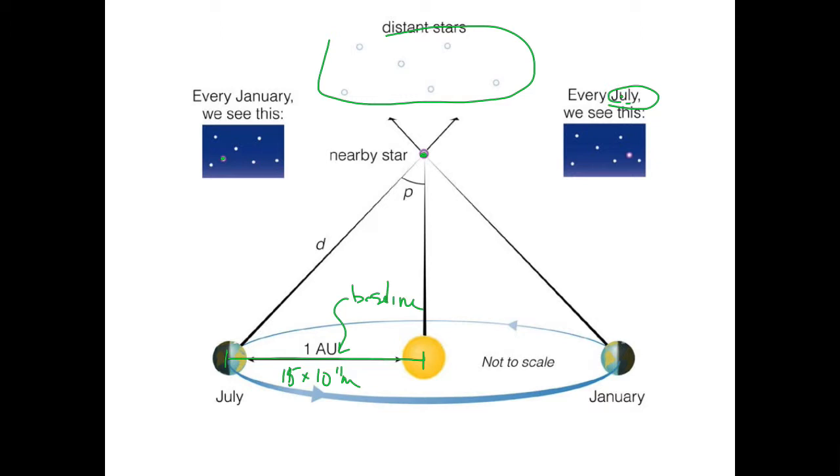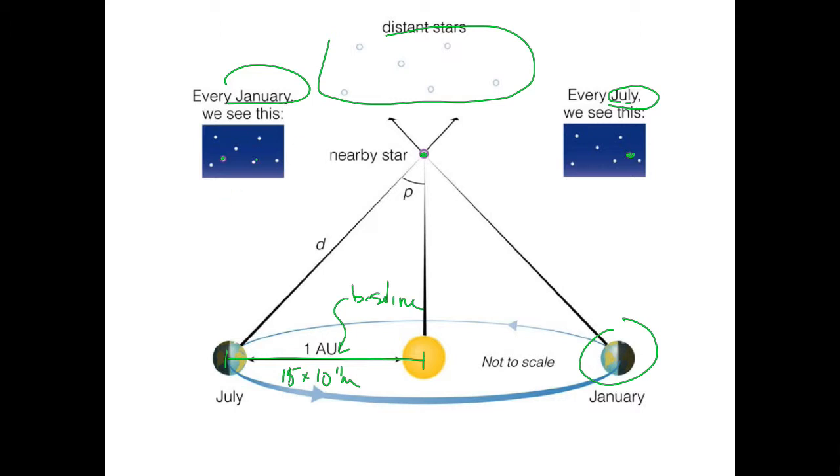Hold your finger out and look with your left eye, and you should see your finger bounce off to the right. If you look over with your right eye, which is over here, this is January right here, you should see your finger bounce over to the left. So this foreground star, just like your finger, is going to bounce back and forth with respect to the background stars.